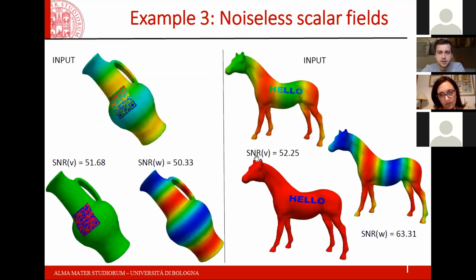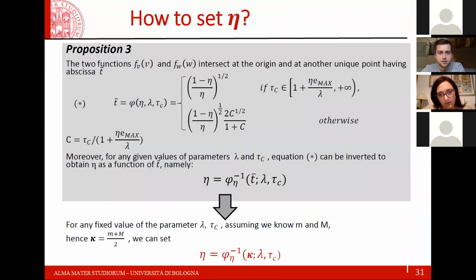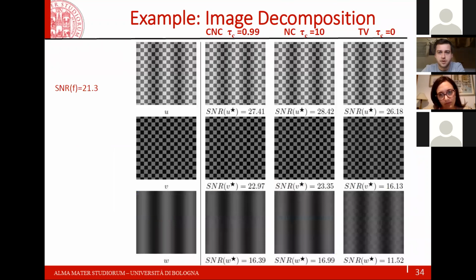Another example of the absolute value or the intensity of the components can be seen here, where for V the SNR is up to 23, but the SNR for W is just about 16.